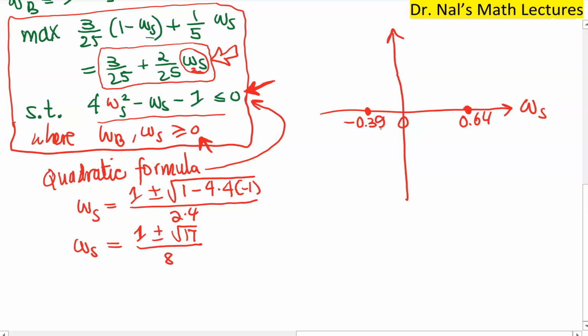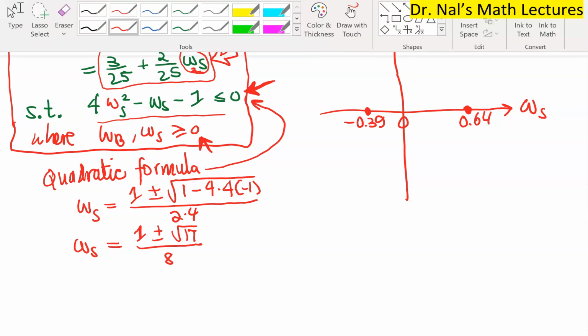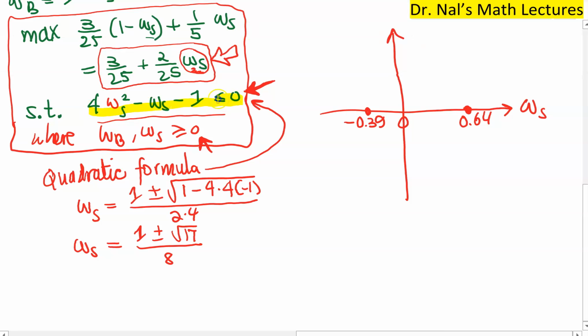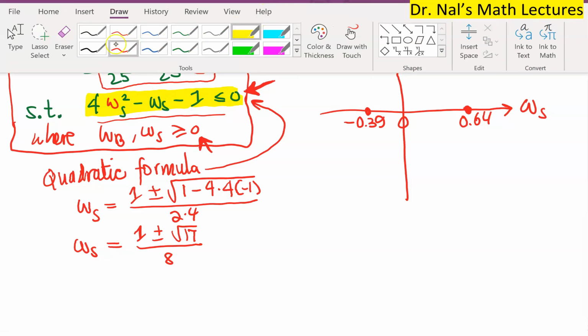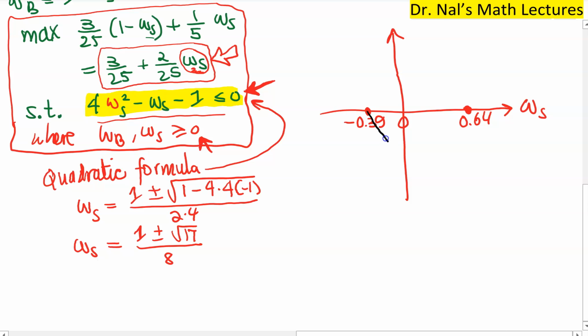So what it means is the following. The constraint that we have in this problem is a parabola, and as you can imagine, a quadratic will have a parabola shape like this.